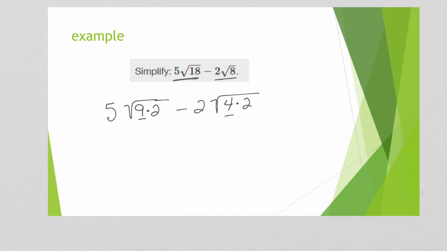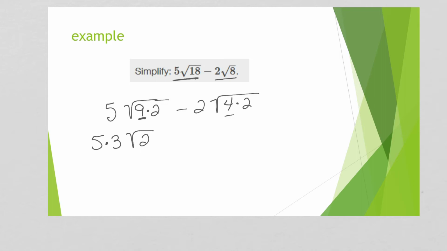But don't forget that whenever I take the square root of the 9, I'm not just going to put that 3 out here and this become 53. That's not true, okay? What this is, is 5 times this. So we would have 5 times 3 on the outside because I took the square root of 9.